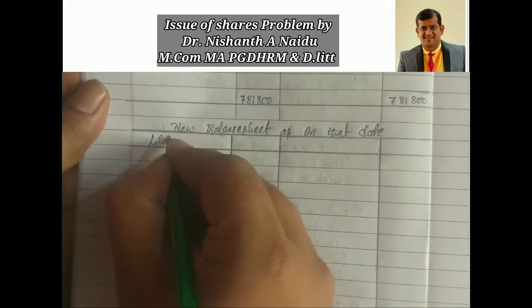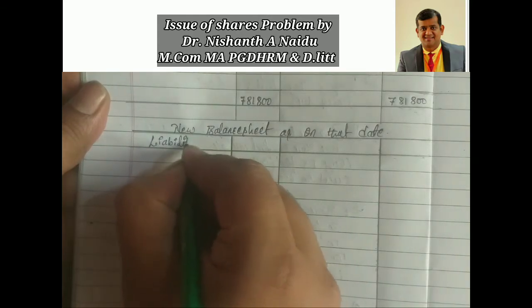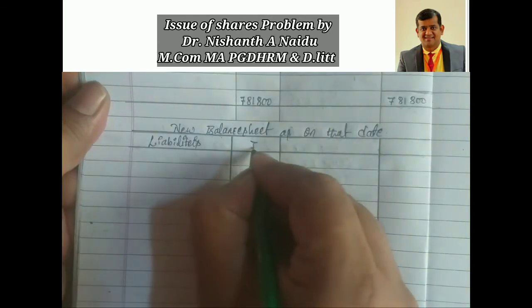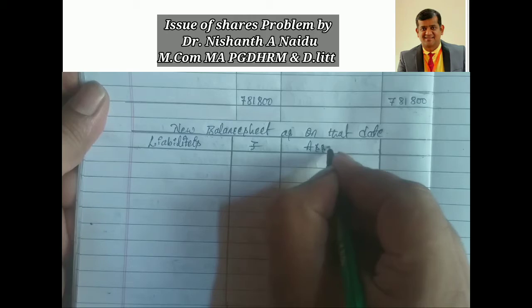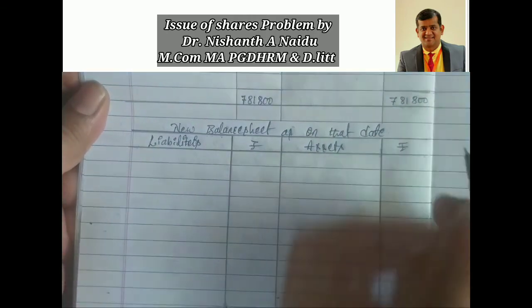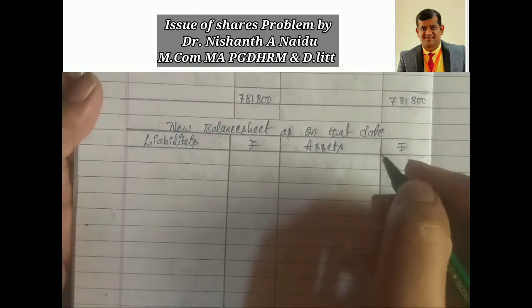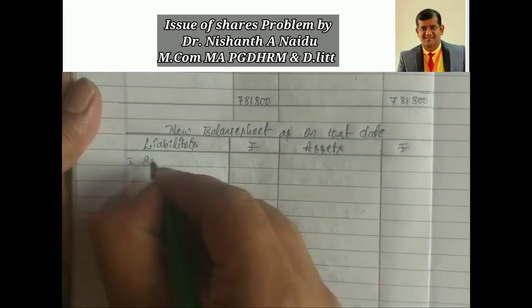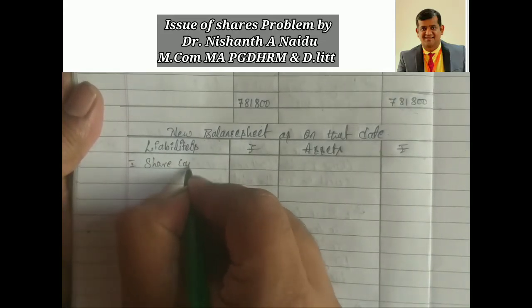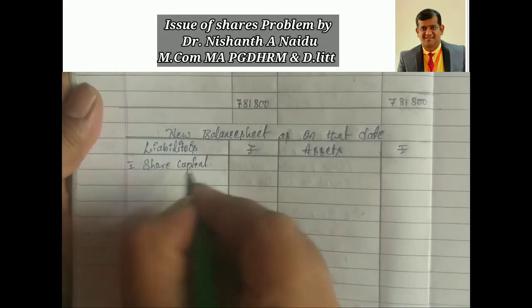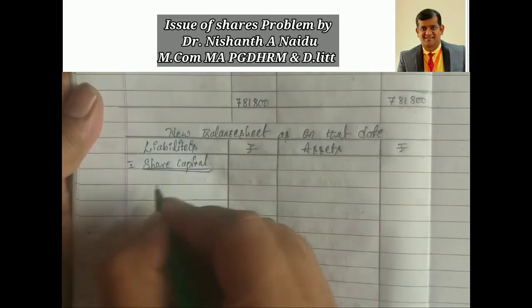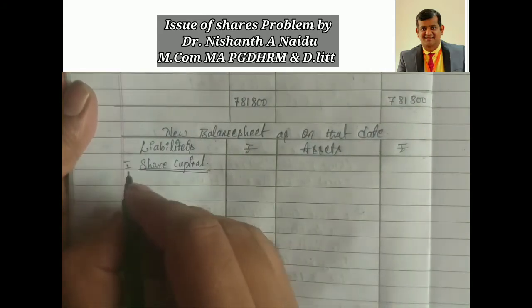So write down the titles: liabilities rupees, assets rupees. On the first part, take down share capital. Underline that. Under that we are going to have authorized capital.